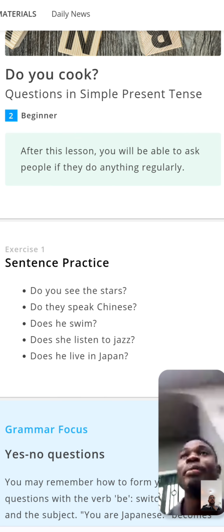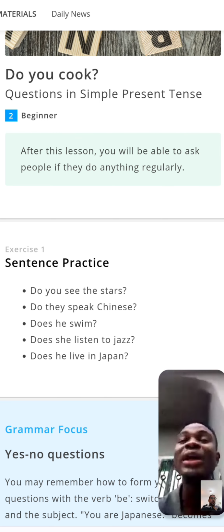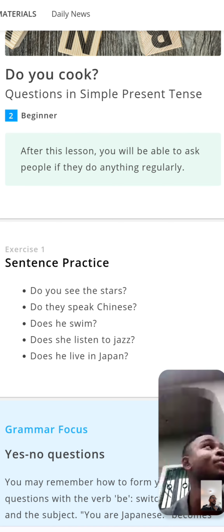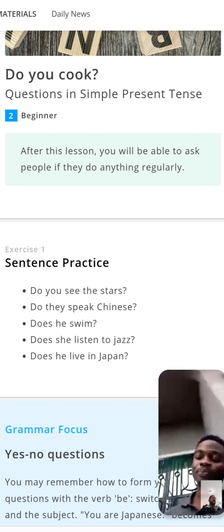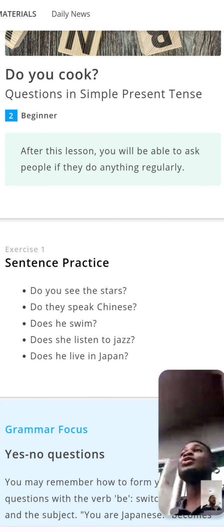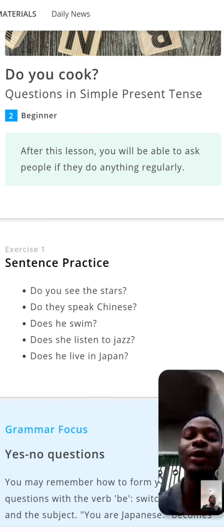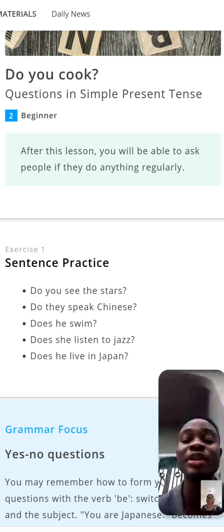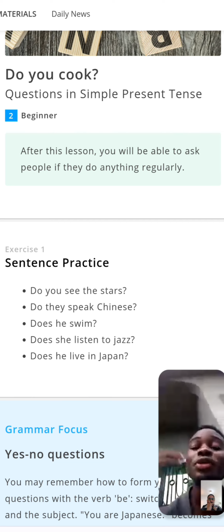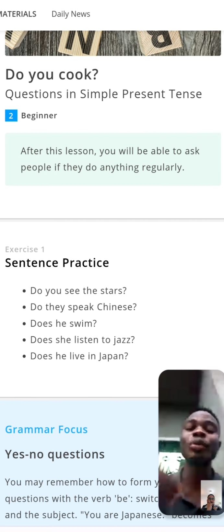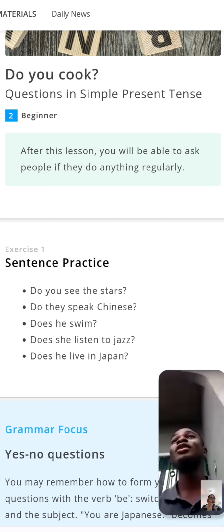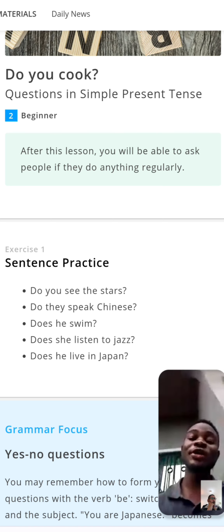Remember, when we were looking at the rules of when to use the simple present tense, we said one of the uses is to talk about things that we do regularly or on a daily basis. So the objective of this lesson is to learn how to form question sentences in the simple present tense. And at the end of the lesson, you will be able to use such sentences to ask people what they do regularly or what they can do.